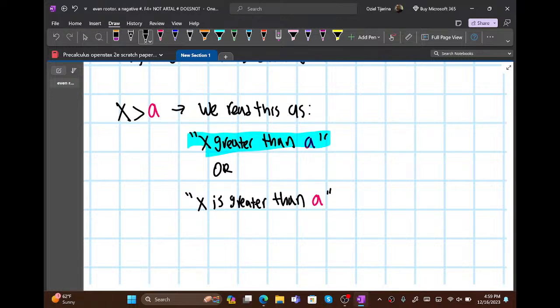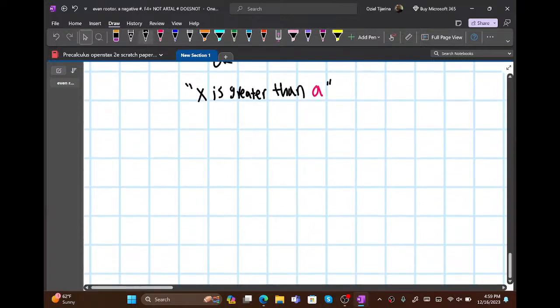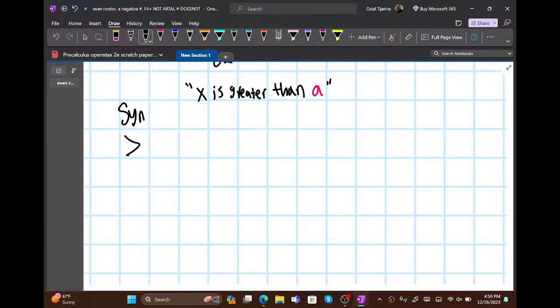I'm going to let y'all know what each symbol means, just as some review, so we understand what each of these symbols means. Number one means greater than.